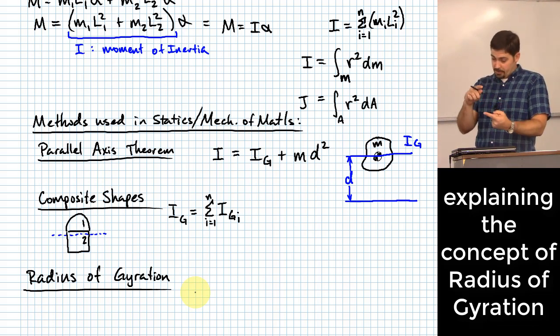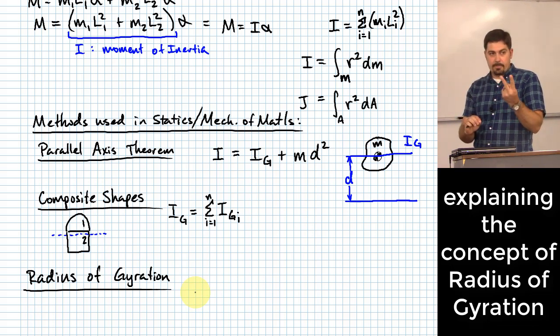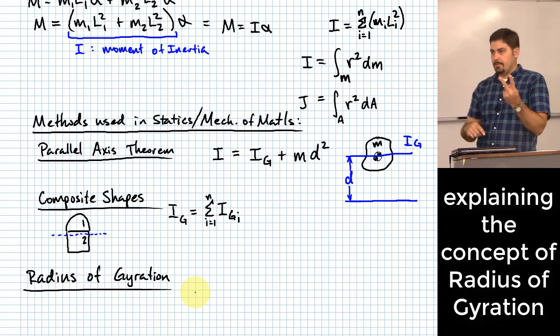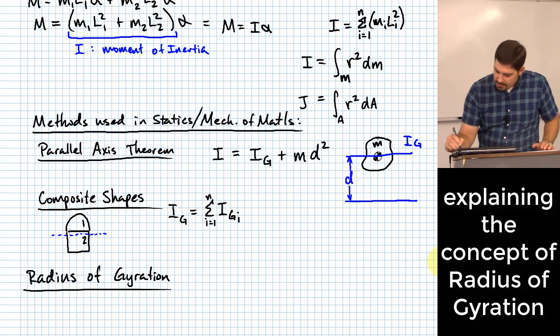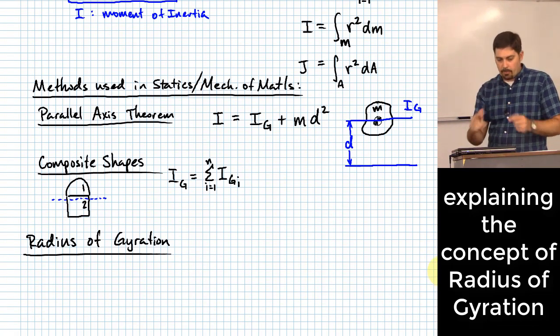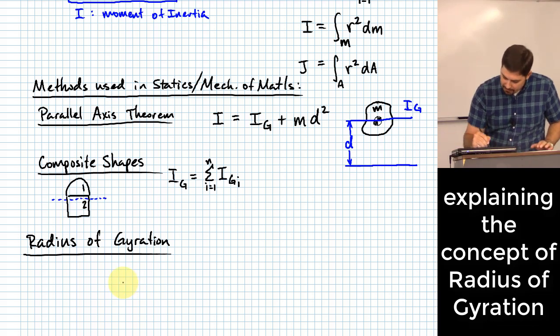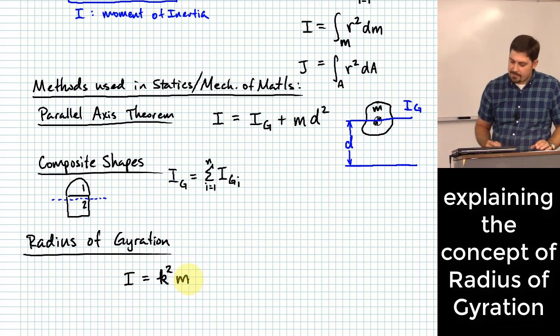Those two factors are how much mass is there, and how far away is that mass from the axis that it's spinning around. So what you do with the radius of gyration is you acknowledge that second factor, how far away it is, by defining your moment of inertia as some common radius k squared multiplied by the overall mass of an object.